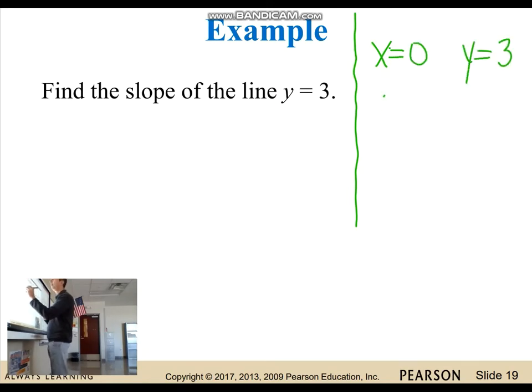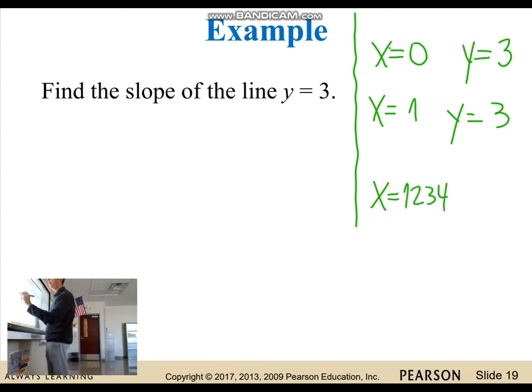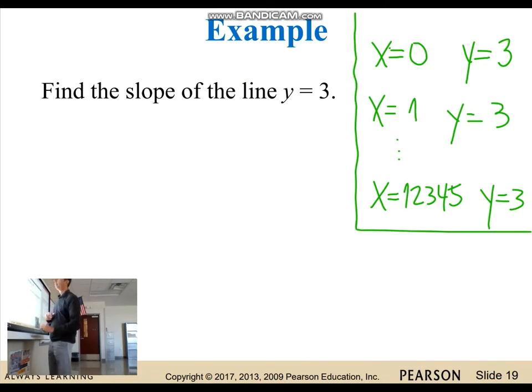If x equals 1, y equals 3. If x equals any number at all, 1, 2, 3, 4, 5, y equals 3, right? This is a line where no matter the value of x, y is always going to be equal to 3.